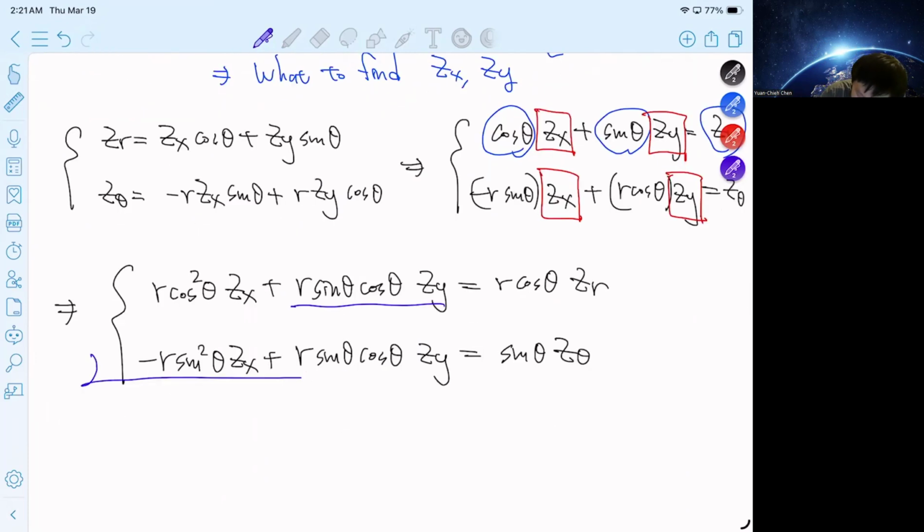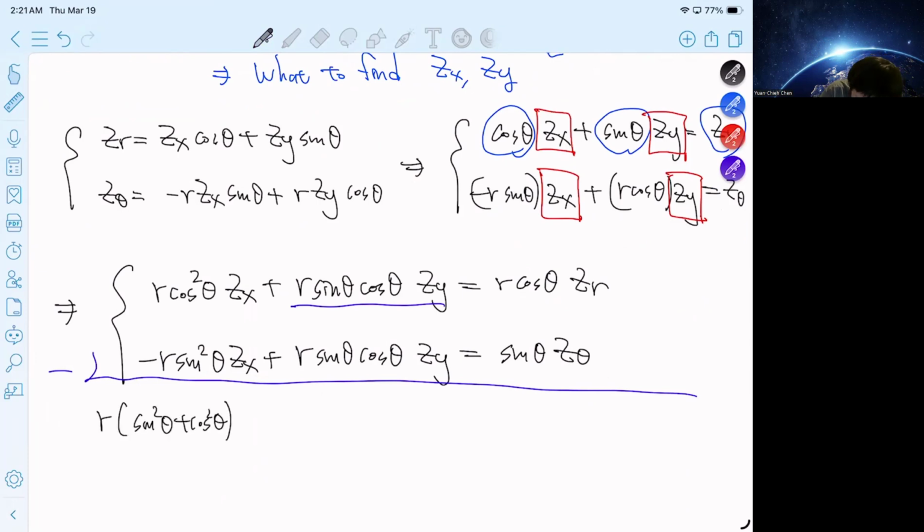So we can happily cancel this out. We just subtract both equations, and the magic happens. R cosine squared minus negative R sine squared, so it'll be R times sine squared plus cosine squared, times Zx. And this goes away, plus 0, equals R cosine theta Zr minus sine theta Z theta. We know that sine squared theta plus cosine squared theta is 1.